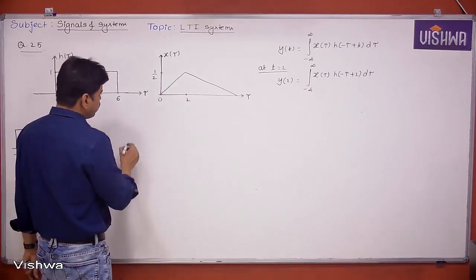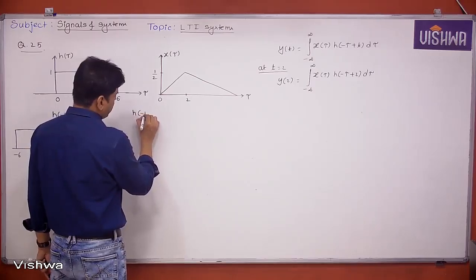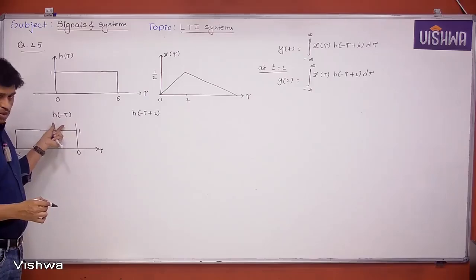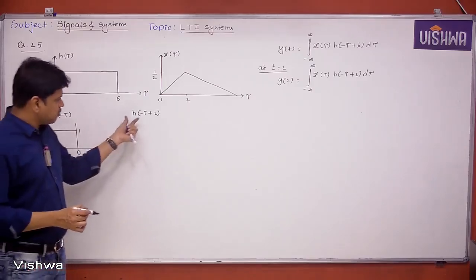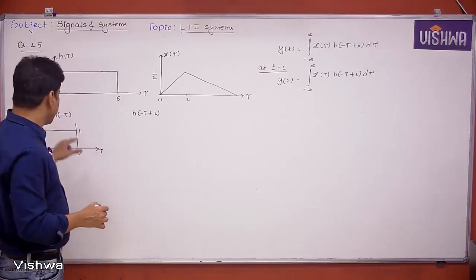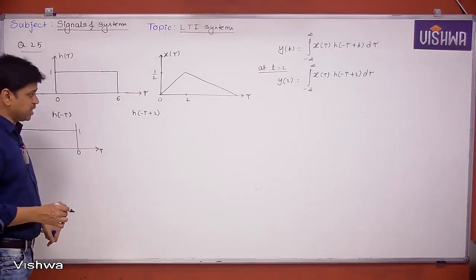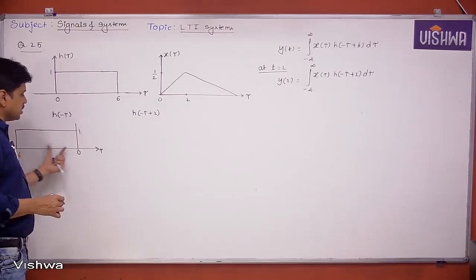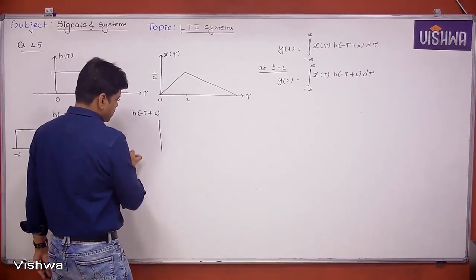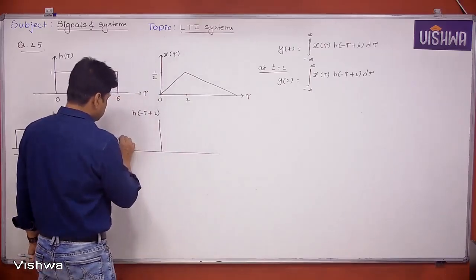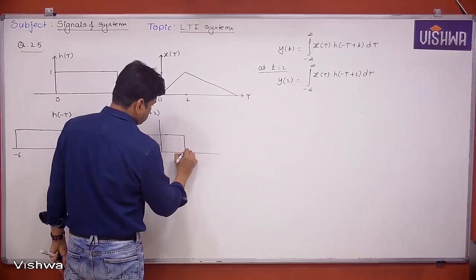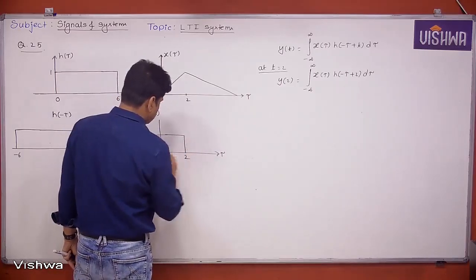Now we have to find h of minus tau plus 2. What operation do we perform on h of minus tau to get h of minus tau plus 2? We simply delay the signal by 2 seconds. If I delay the signal by 2 seconds, it exists from minus 4 to 2.